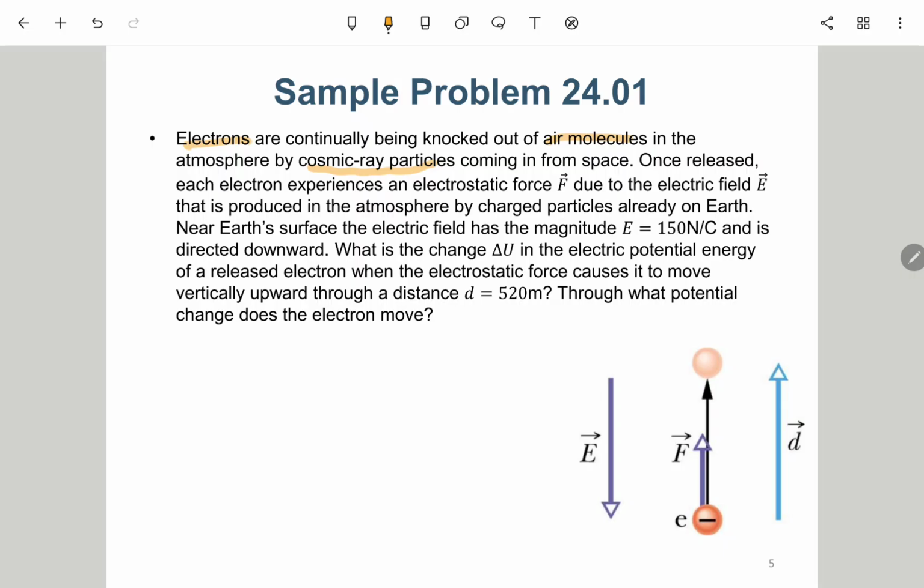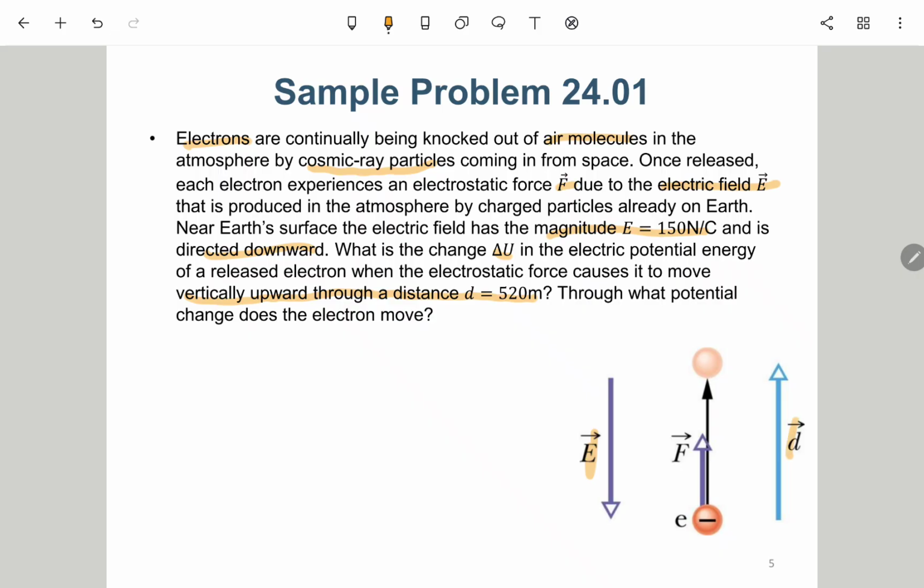Once released, each electron experiences an electrostatic force F due to electric field E that is produced in the atmosphere by charged particles already on Earth. Near Earth's surface, the electric field has magnitude E, pointing directly downwards. What is the change delta U in the electric potential energy of a released electron when the electrostatic force causes it to move vertically upward through a distance d?